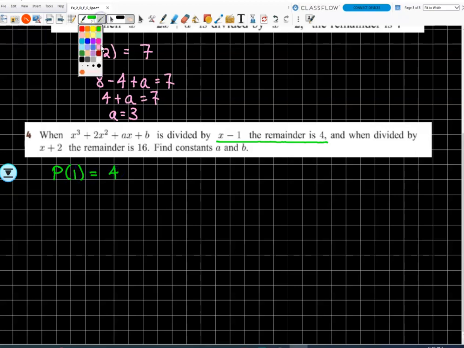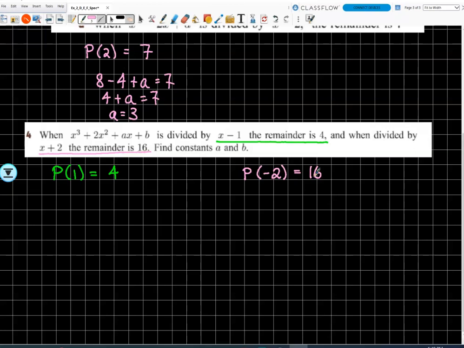We read on. We then notice that when it's divided by x plus 2, the remainder is 16. So then we go, okay, that means p of minus 2 equals 16. Huzzah! And now we're going to sub it in.